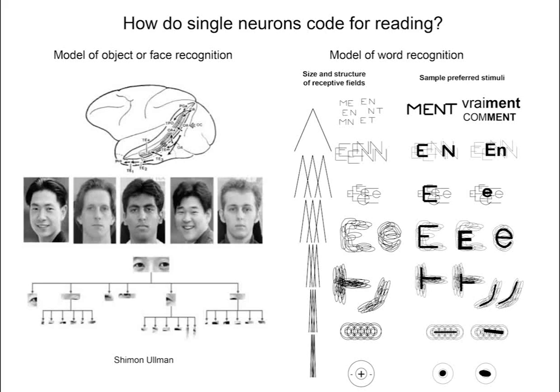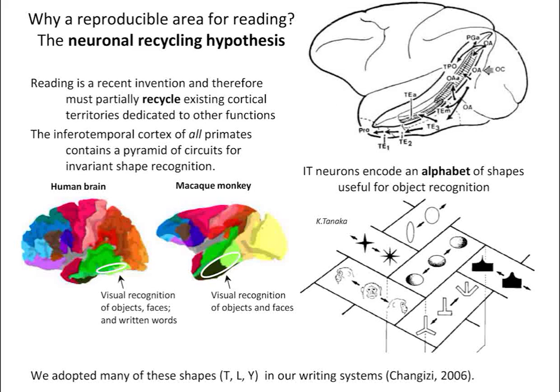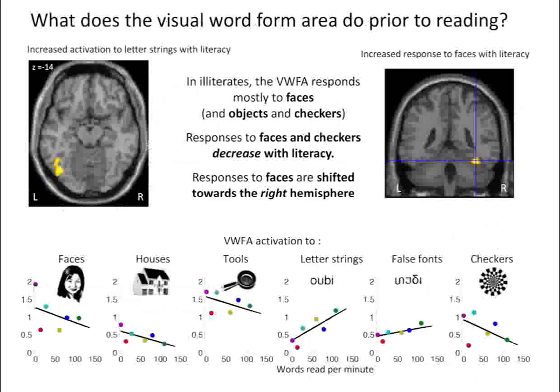There's beautiful work, for instance, from Brenda Rapp, showing that the codes for letters are discriminable in this visual word form area. You see also that calling it one area is maybe a little bit of a mistake because there are several successive steps and they correspond to moving forward in this hierarchy that I showed you on the previous slide. So moving forward in this hierarchy creates more and more degrees of abstraction.